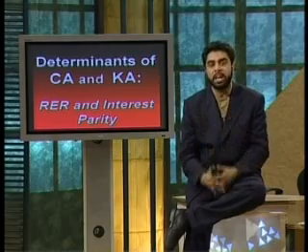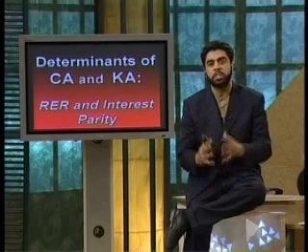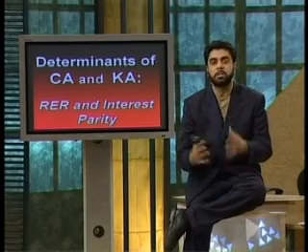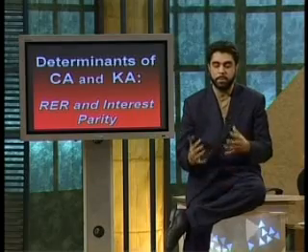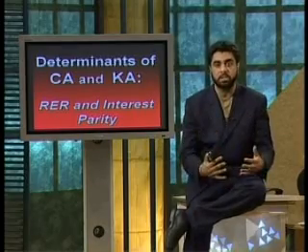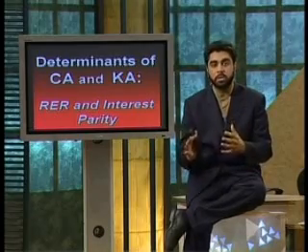So this can help us derive the interest parity condition, which is the condition which must hold if there is no incentive for capital to move between two countries. That is, people in Pakistan are happy with investing in Pakistan and people in the US are happy with investing in the US. Let's look at what this condition is.